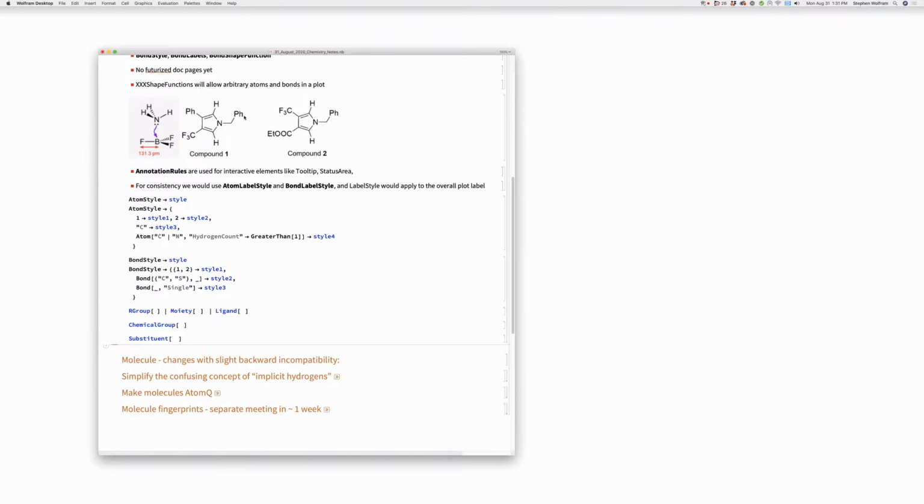The naive thing to do would be to wrap that list of atoms and bonds with some wrapper that means this is a chemical substructure, moiety, whatever you call it, right? But the problem with that is that it has bonds hanging out of it.